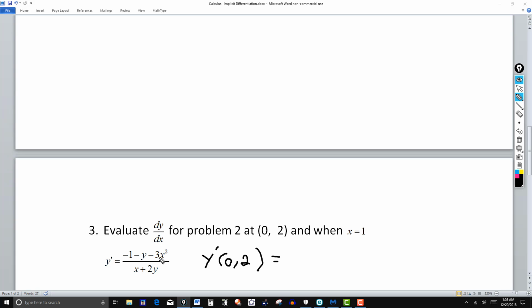So this will be minus 1 minus 2, and then x is 0, so this third term cancels. And at the bottom, put a 0 where the x is, and 2 where the y is, 2 times 2 is 4. So compute that out and you get negative 3/4.